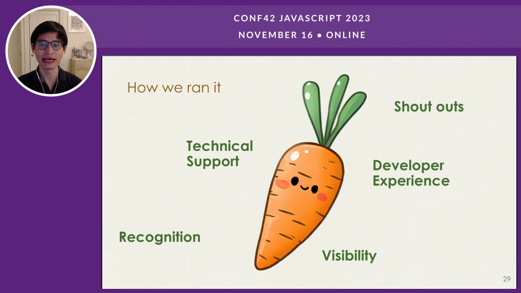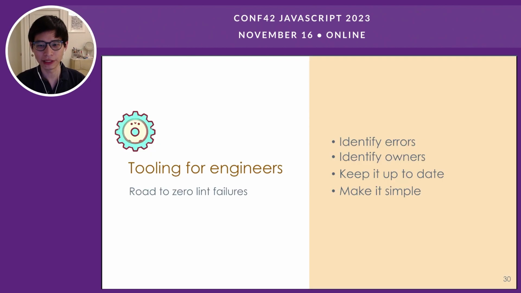And I want to add very specific shout outs to engineers who have fixed lint failures, by identifying exactly what they fixed in the PRs, and provide them visibility for all their hard work and adequate recognition for taking that extra time to clean up the lint failure.